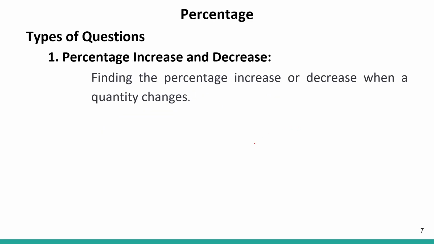So the type of questions: percentage increase and decrease. This means finding the percentage increase or decrease when a quantity changes. Let's take that pizza example again. You had a pizza, divided into 4 equal parts. Initially you only had one piece, which is 25% of the pizza, but after some time you got another piece, 25% more.